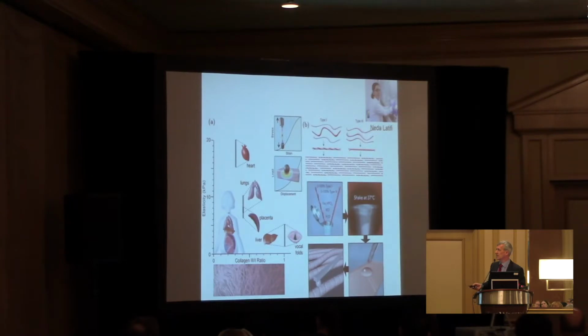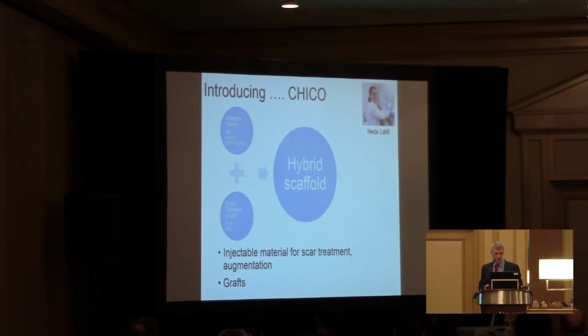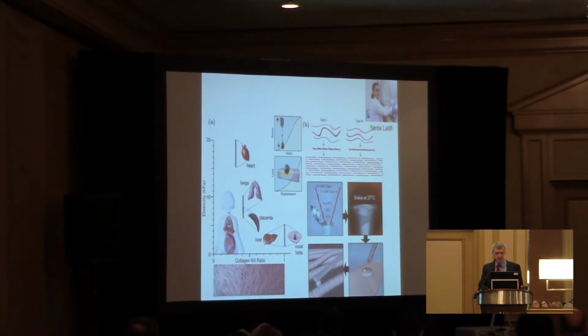So what we're doing is creating heterotypic fibers where we can mix type 1 and type 3 collagen. The human body does that as well.